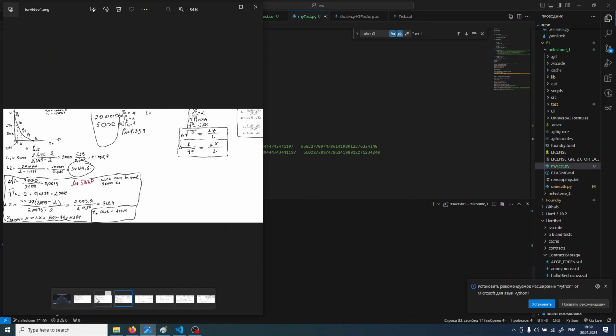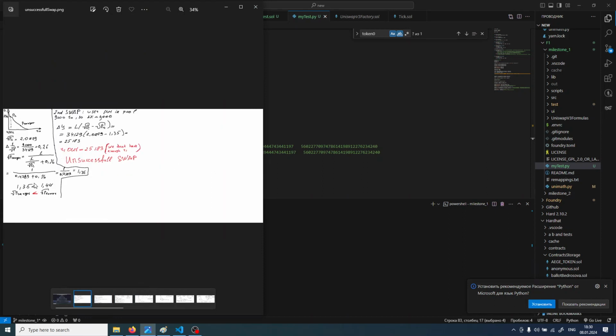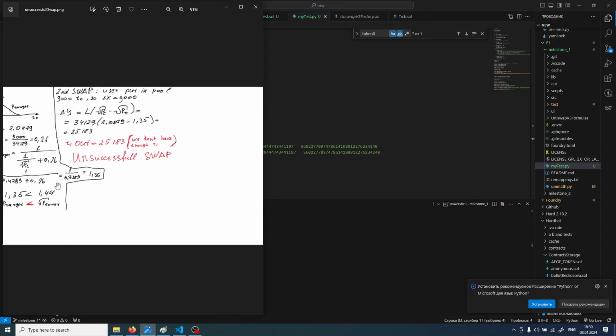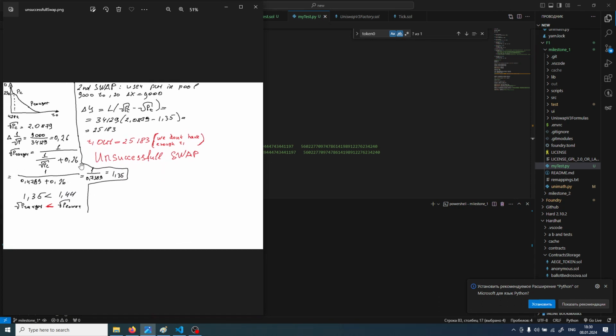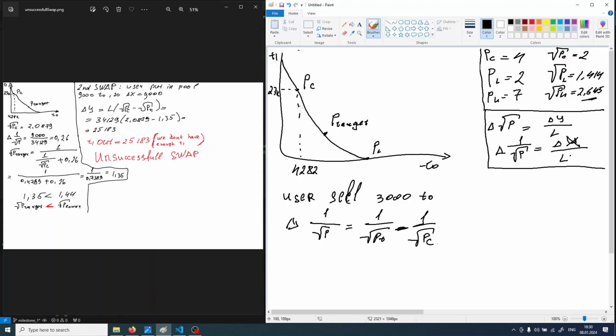Okay, and I think it will be useful to see how we can go lower than our P lower price.